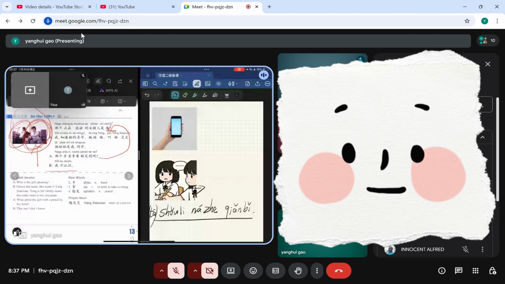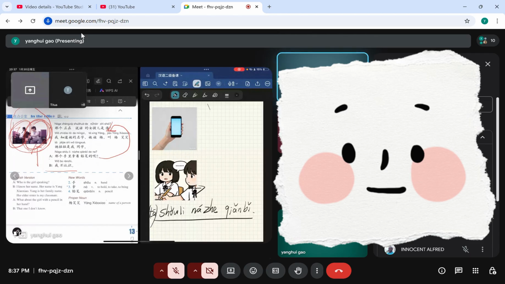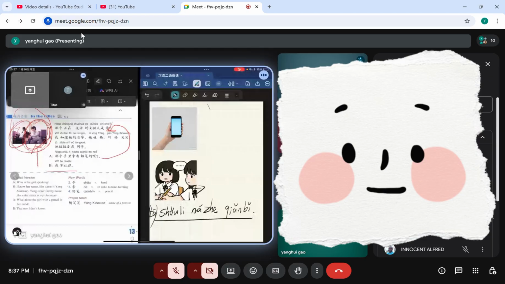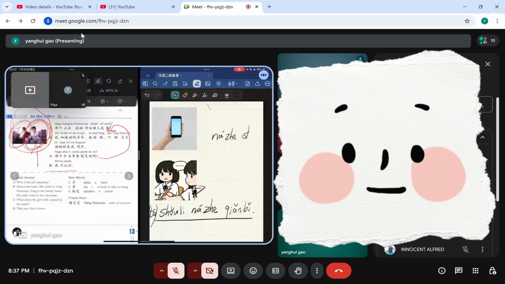So how can we describe this picture? Use the 拿着. 拿着手机, that's right, 拿着手机. 手机, phone, 拿着手机.